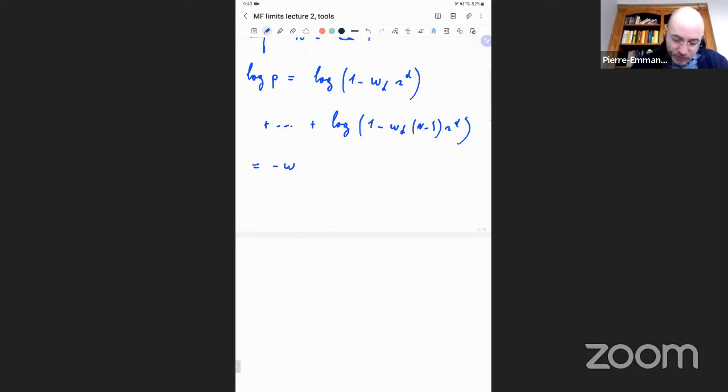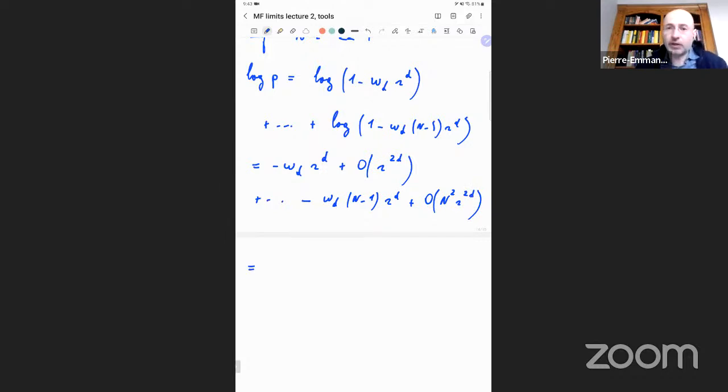What I get is minus omega d rd, plus a big O of r2d, and so on and so forth, till the last term is omega d times n minus 1 rd plus big O of n square r2d. And so this now is something that can be easily calculated.